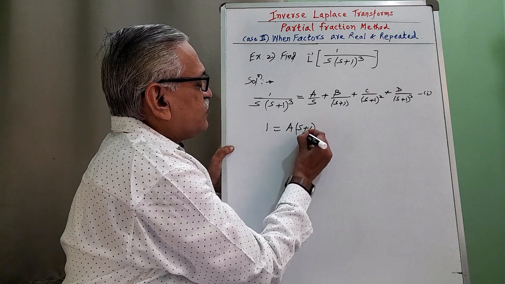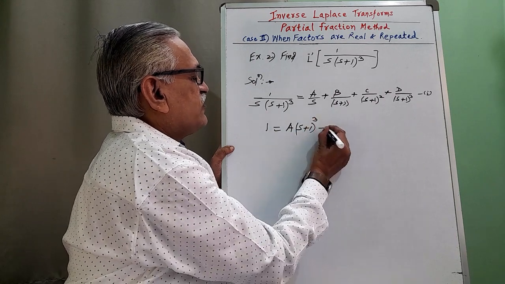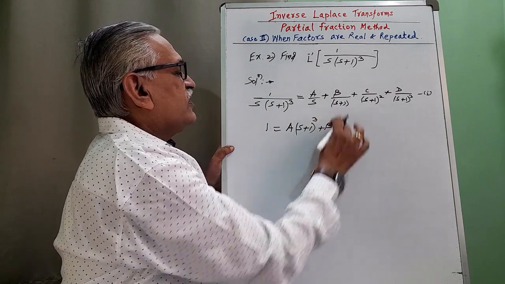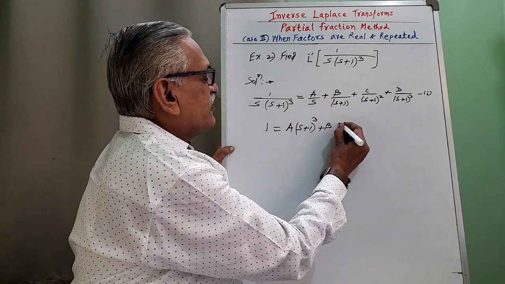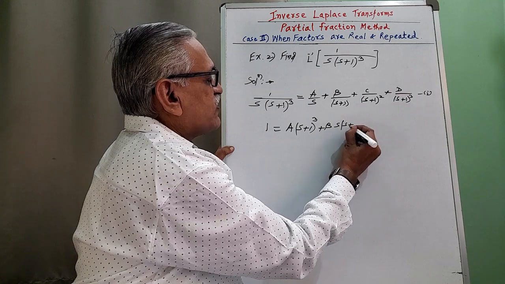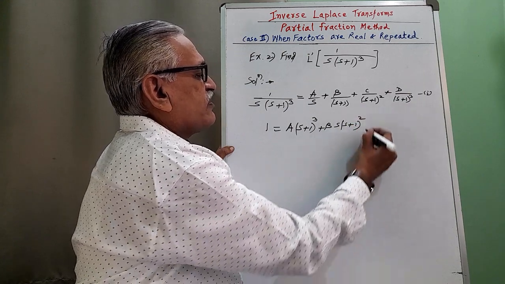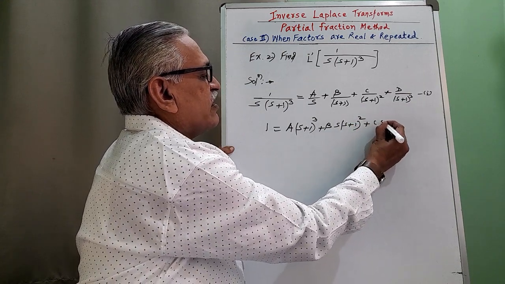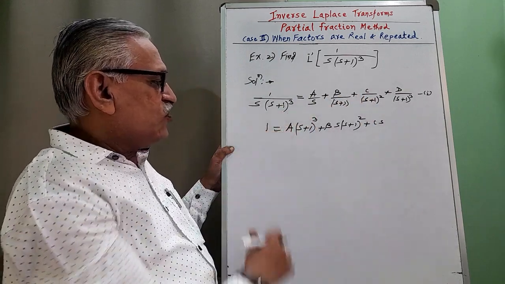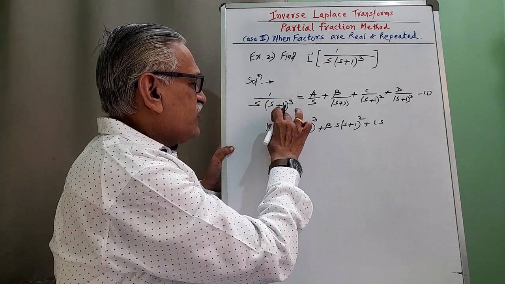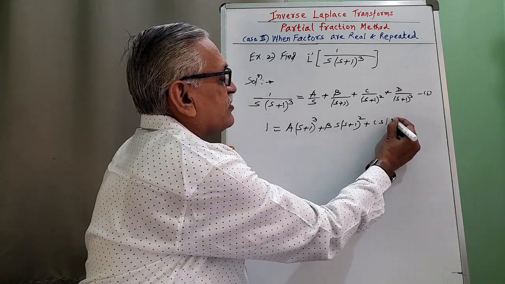The remaining term here is s plus 1 whole cube, plus b into, dividing by s plus 1, s plus 1 whole square remains, therefore it is s into s plus 1 whole square, plus c into s, dividing by this, the remaining term is s plus 1 only, into this s.